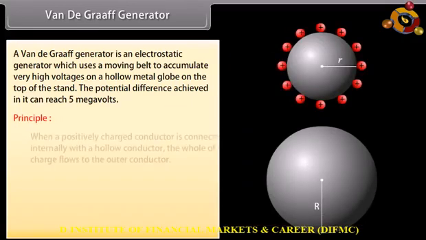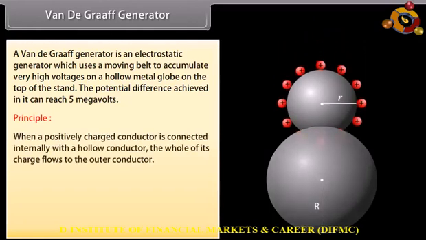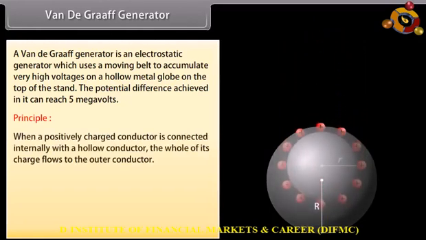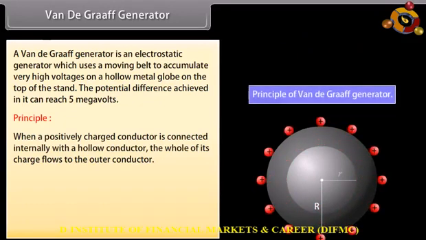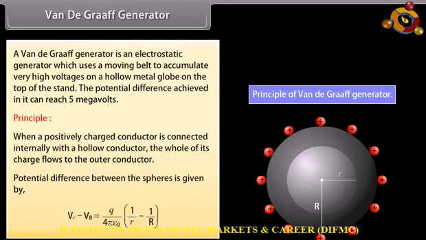Principle: when a positively charged conductor is connected internally with a hollow conductor, the whole of its charge flows to the outer conductor. Potential difference between the spheres is given by VR2 minus VR1 is equal to Q upon 4 pi epsilon naught multiplied by 1 by R1 minus 1 by R2.